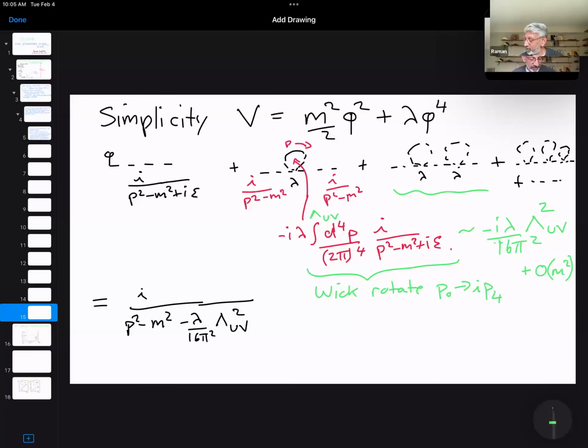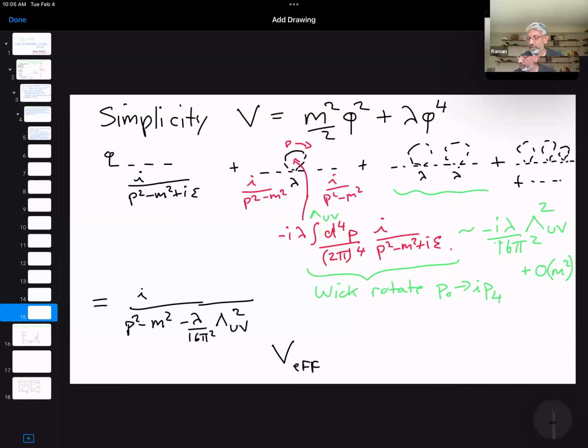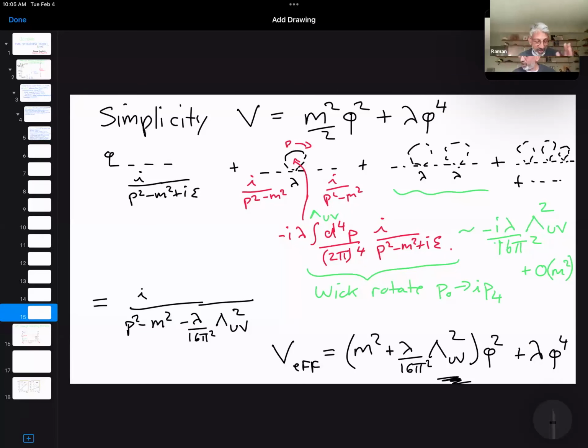And this would say that there is a so-called corrected effective potential by taking into account these quantum loops. The effective potential is really not just the original potential, but m squared plus lambda over 16 pi squared lambda UV squared times phi squared, and then plus the lambda phi to the 4th. Okay. So it looks like quantum mechanics has corrected the potential. And of course, I've done this example, it's one of the simplest things to resum in that way.